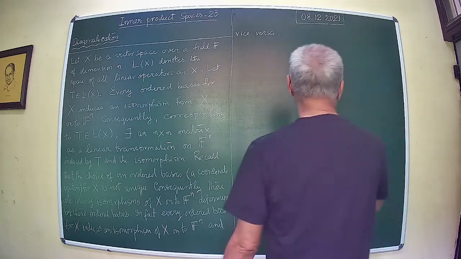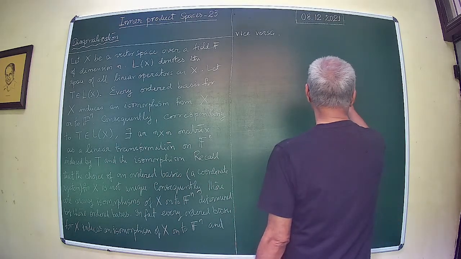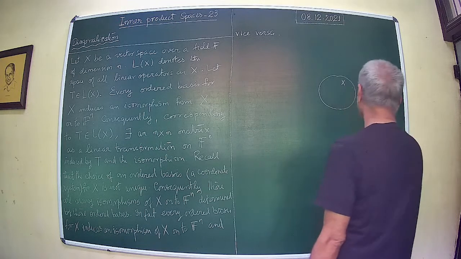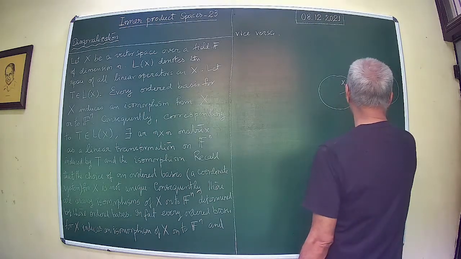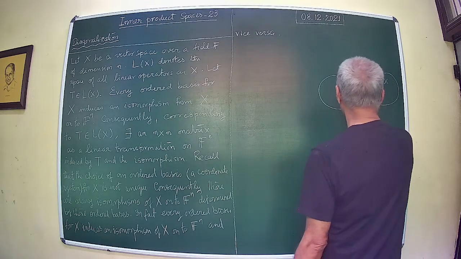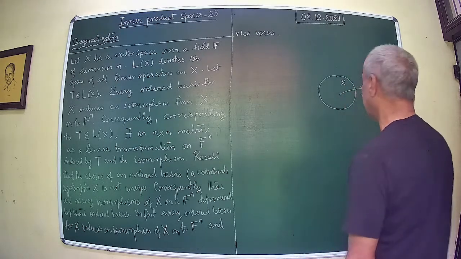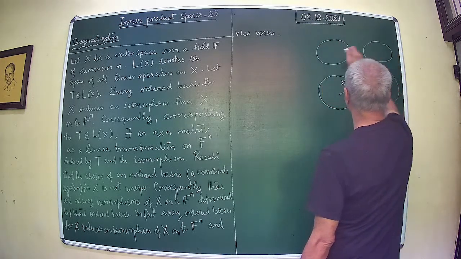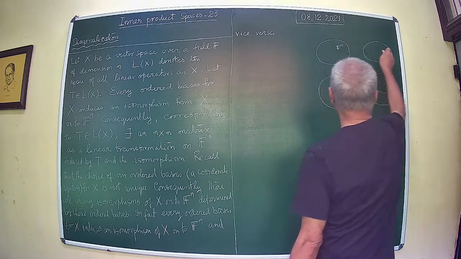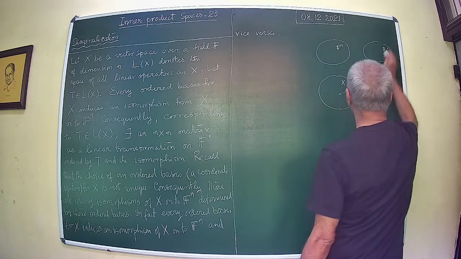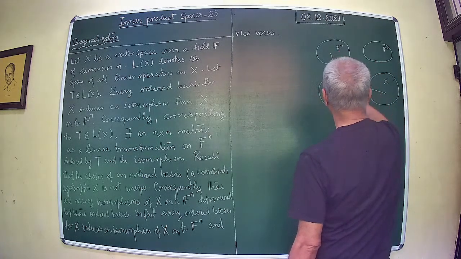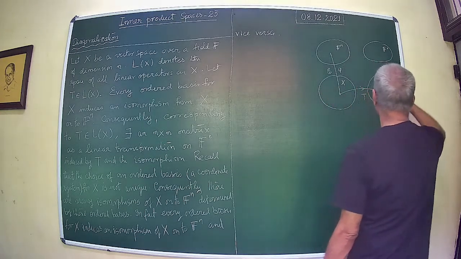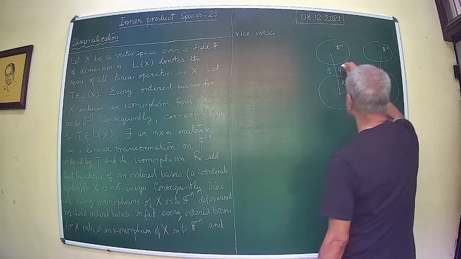Okay, the situation is like this. You have X, another copy of X. You have a linear transformation T. Now corresponding to T, this is a copy of F^n, this is a copy of F^n, and suppose we introduce an ordered basis B, then corresponding to that there is a phi.